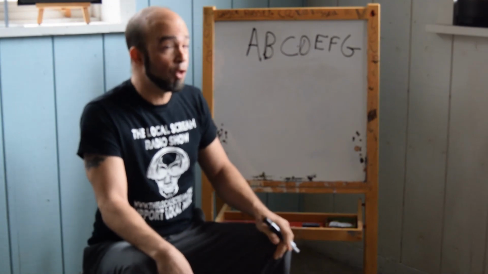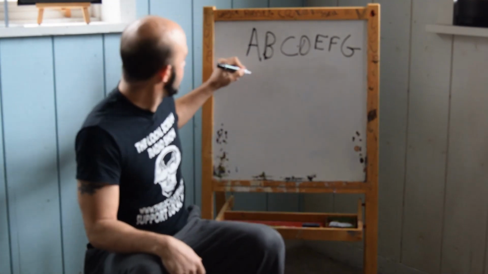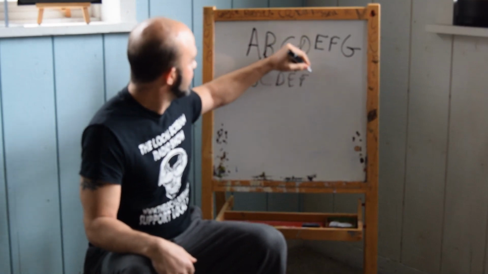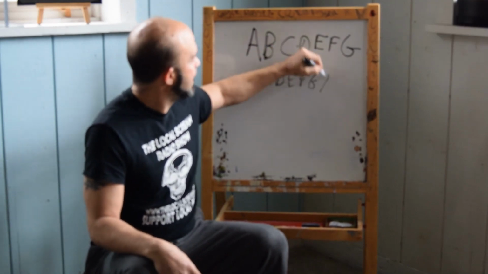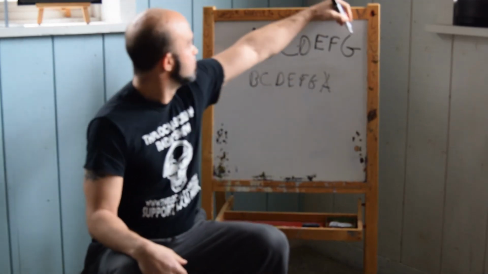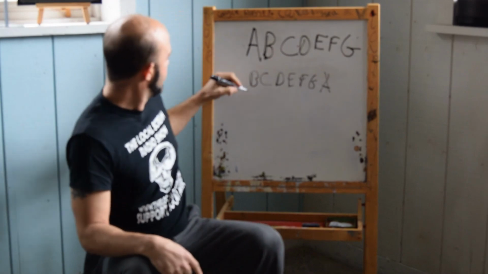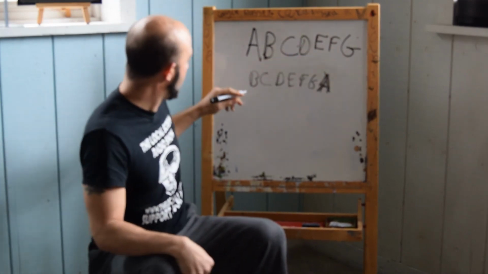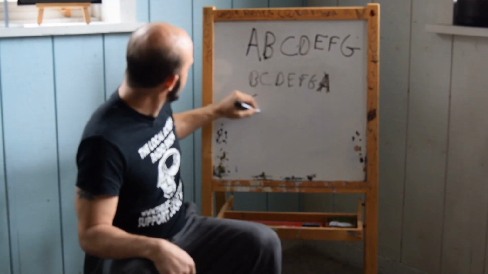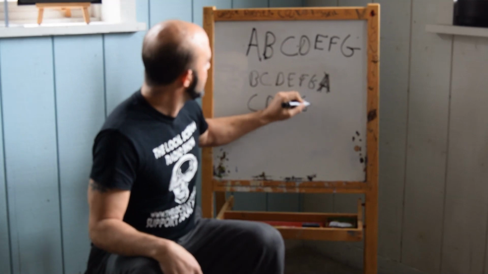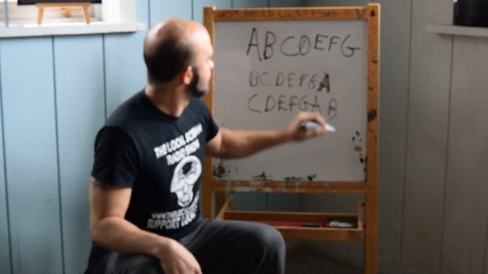The short answer is no. We could have started with B. It could have been B, C, D, E, F, G, A. What happened? This thing moved to this thing, right? Looks like some kind of weird teepee. Sorry, art was not my major. We could do C, D, E, F, G, A, B.